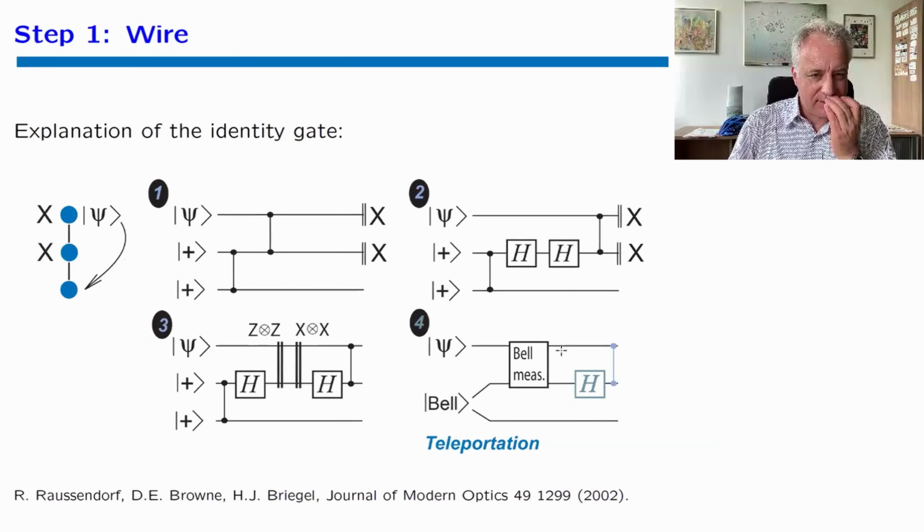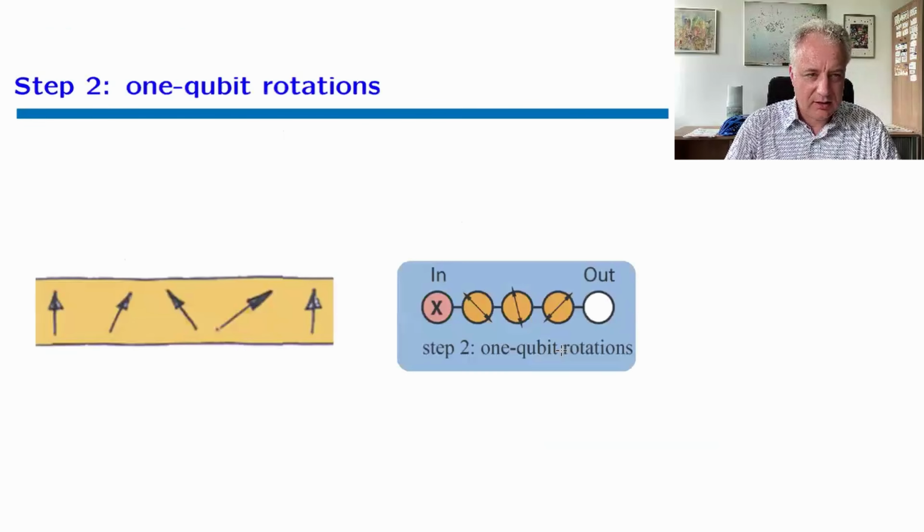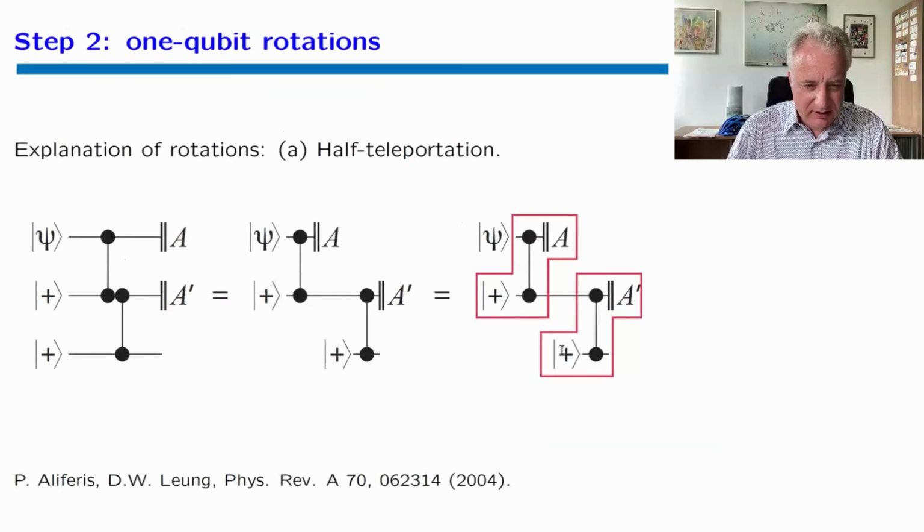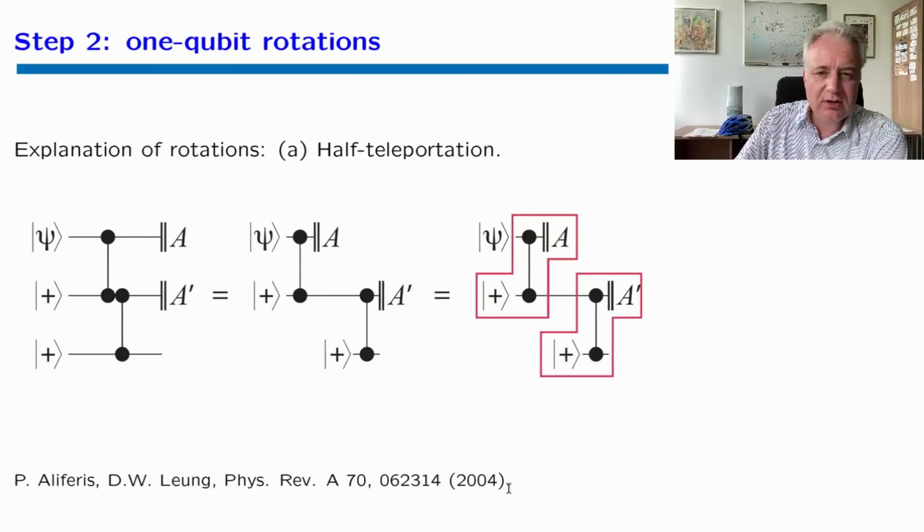Okay, so that was the first explanation of an identity gate. Good, so let's move on. Look at other operations, for example, 1-qubit rotations. Okay, and here, this is now where this half teleportation argument comes in. So let us look at the situation here.